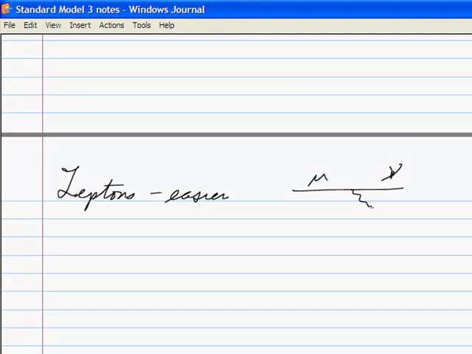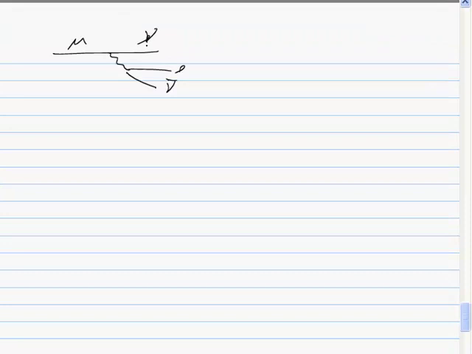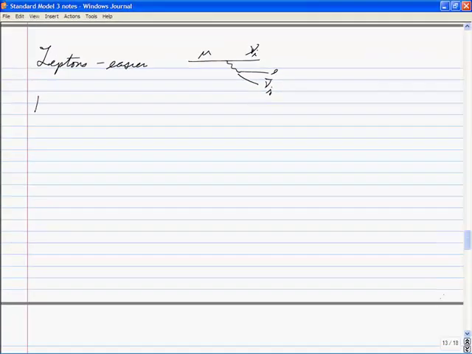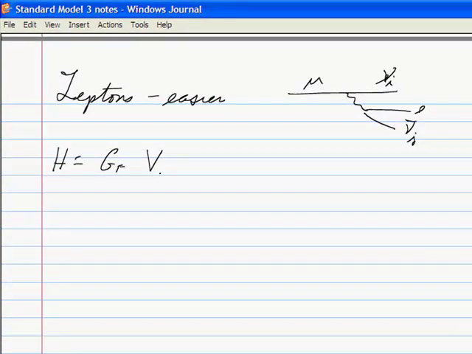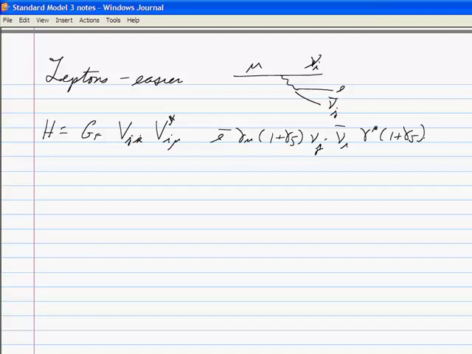If I want muon decay, mu goes to e nu bar, so this is mu goes to some neutrino I, some antineutrino J. The Hamiltonian for that is G Fermi V_Ji V star_I mu, J electron, sorry, e bar gamma mu 1 plus gamma 5 nu_J, nu bar_I gamma mu 1 plus gamma 5 muon.